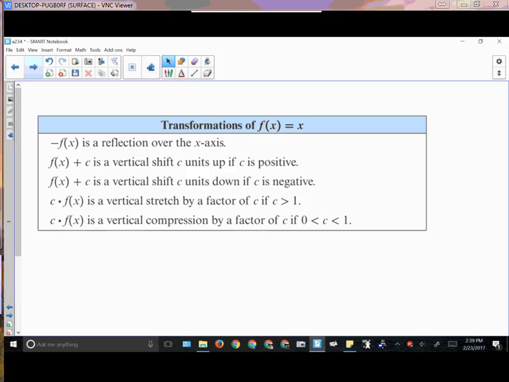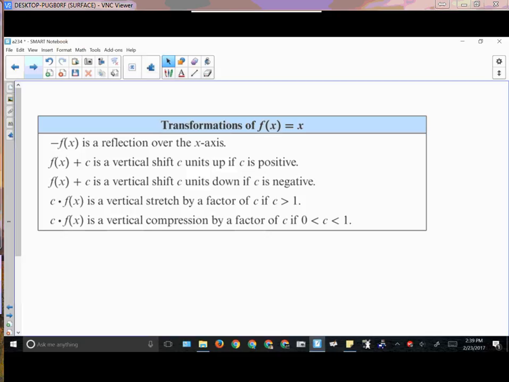All right. We've talked about this idea of transformations before. And sometimes what we want to be able to do is take a look at an equation and figure out what's happened to it by going off of, say, a parent function or the original function that would be identified as a line. So if I see a negative in front of it, I know it's got to be reflected.